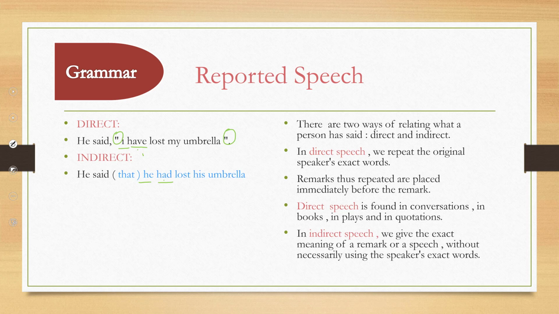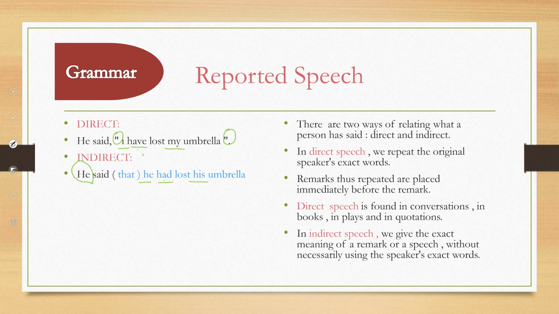Have lost, had lost. The possessive adjective my is changed into his because the speaker is he. So here we have the changes. I is turned into he, have, had, lost, it's the same. My is changed into his umbrella.